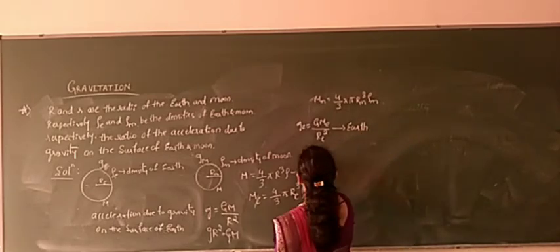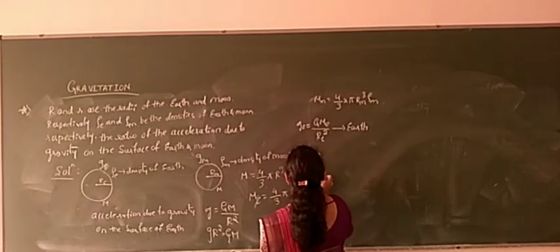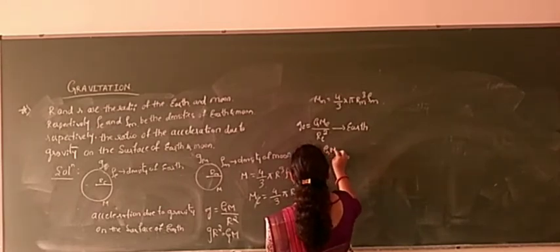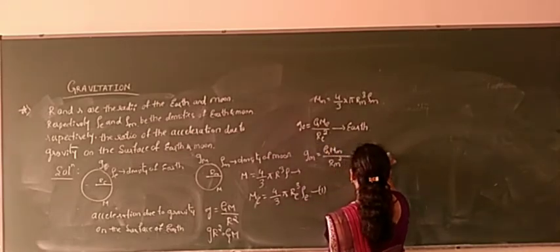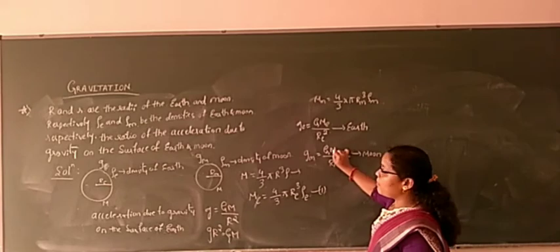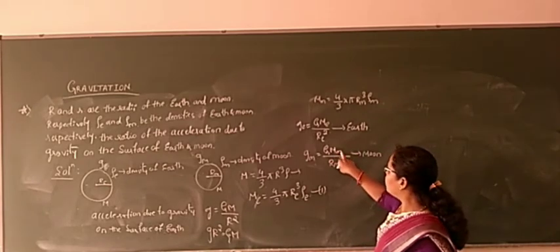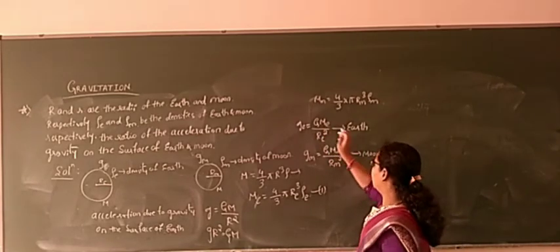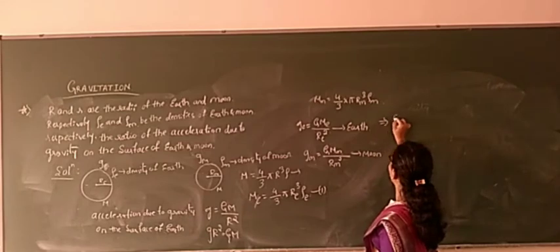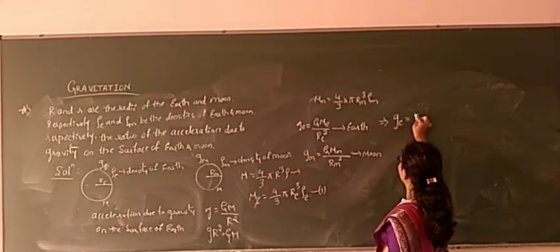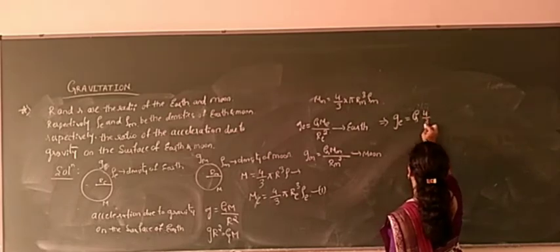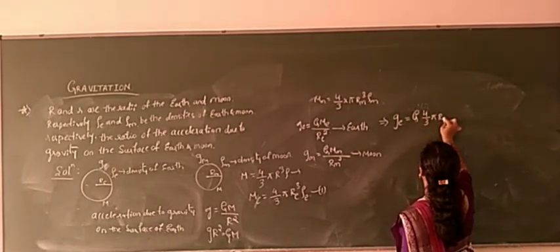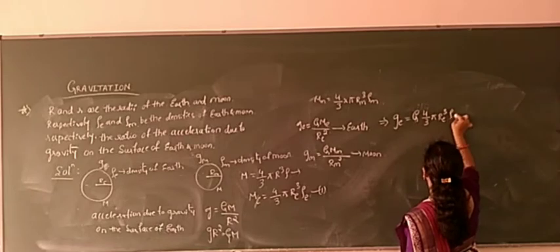And the acceleration due to gravity on the moon, g_m, is G m by R_m². This is for the moon, right? Now in place of M, the mass of the earth, we have to substitute here. What will we get? The mass of the earth: capital G times M, which is 4/3 π R_e³ ρ_e.